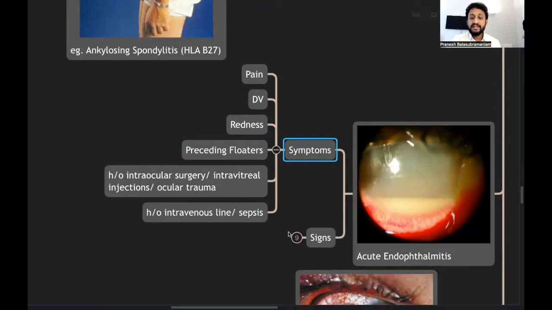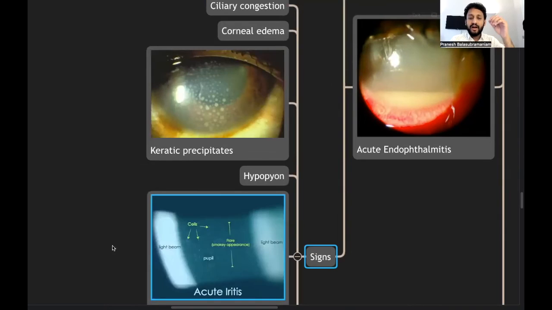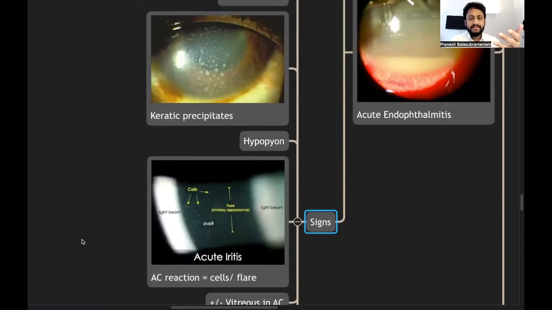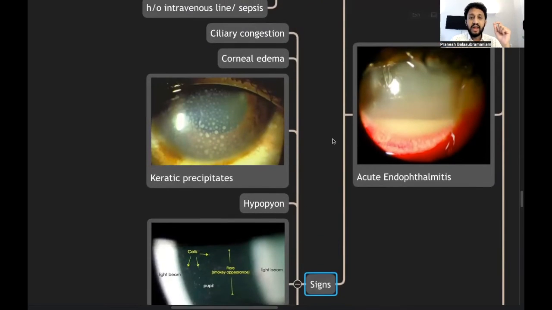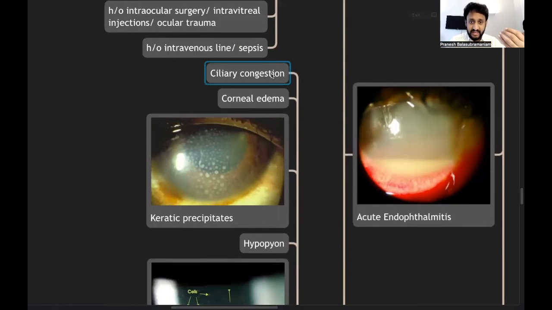Okay. The signs are going to be similar to your acute anterior uveitis. Sometimes acute endophthalmitis can mimic uveitis, so we have to be aware of that. Patients will have ciliary congestion. They're going to have corneal edema, which you may not see in uveitis. Corneal and stromal edema will be very typical in acute endophthalmitis.